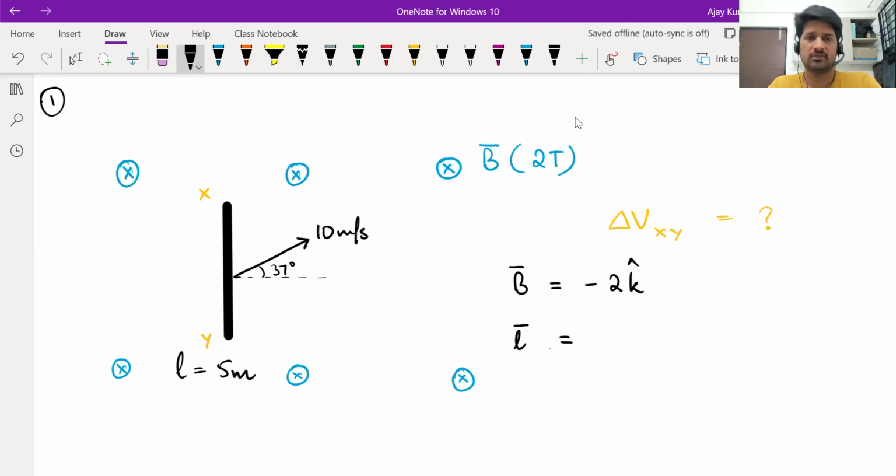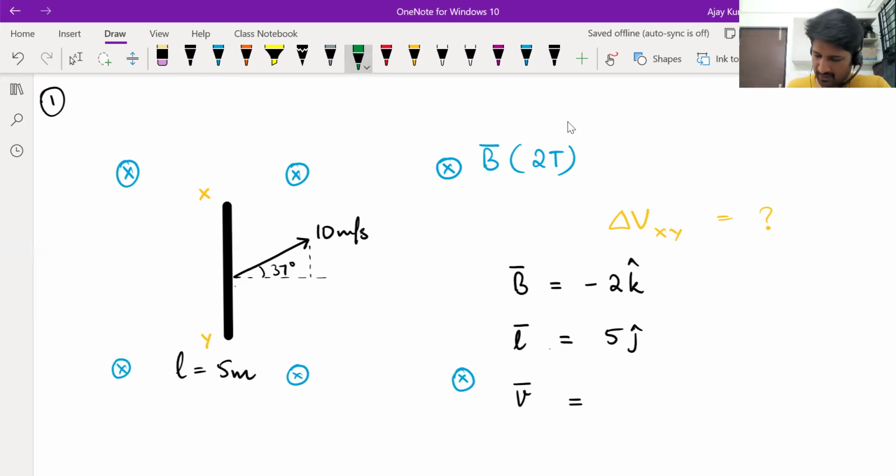How do you write the length of this rod as a vector? It's in the y direction. 5 j cap. Okay. Then the velocity. Velocity is not totally in the x direction. It's in the xy plane. It will have two components.